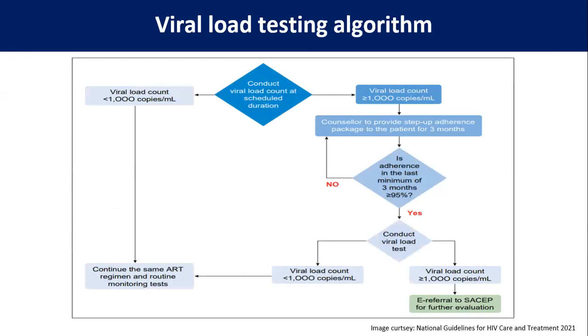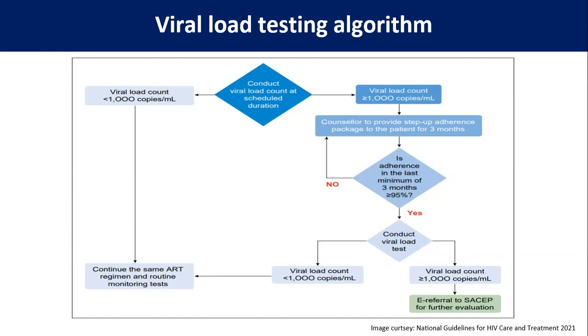So once a patient is tested for viral load, there is a possibility the patient will have suppressed viral load, less than 1,000 copies per ml, when we will advise the patient to continue the same ART regimen and to monitor routinely as per the national guideline. Now, if the viral load is found to be 1,000 copies or more, then we need to look at the adherence.